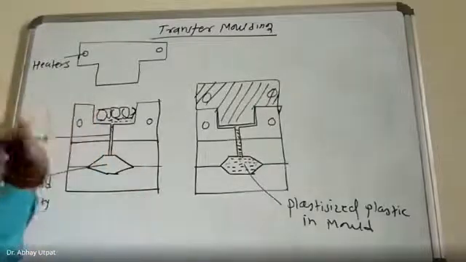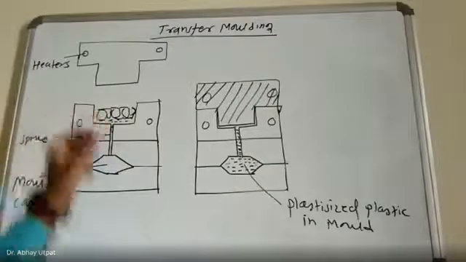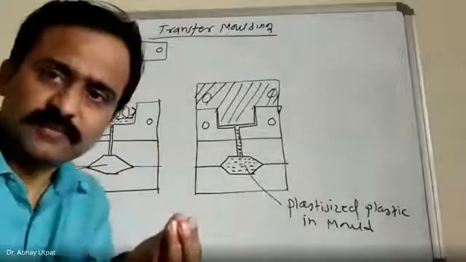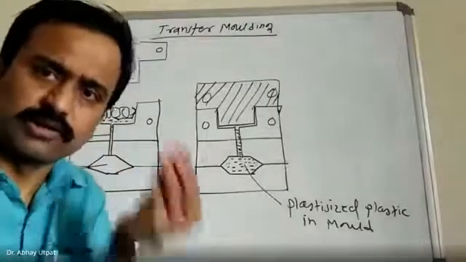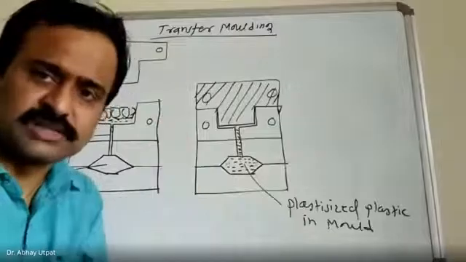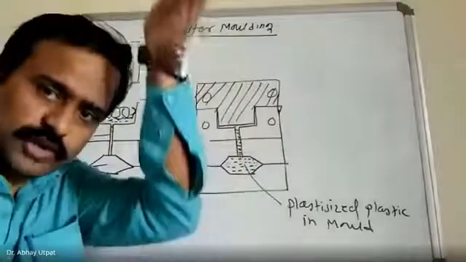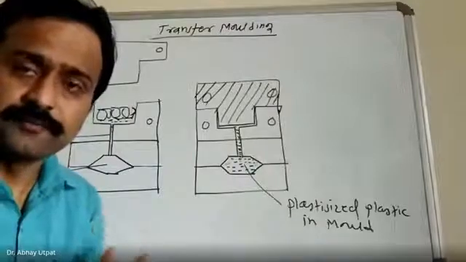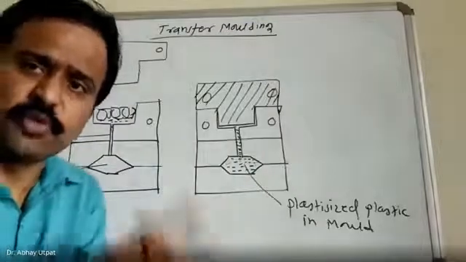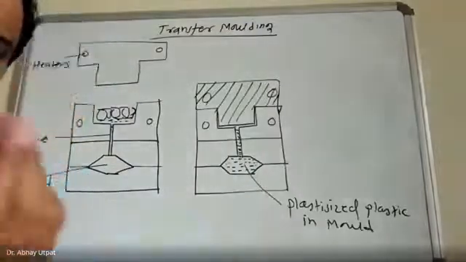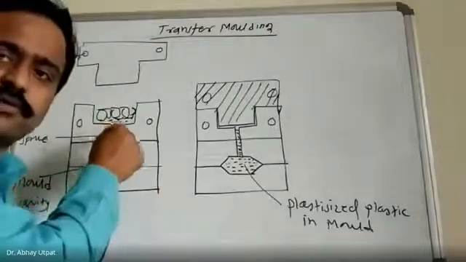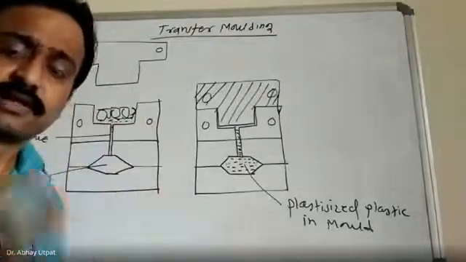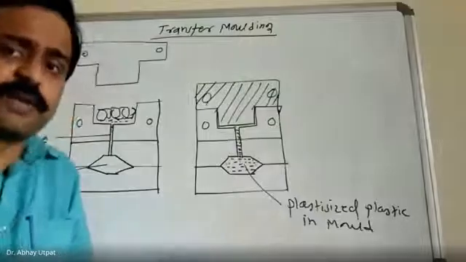Initially it is heated till all the material gets plasticized. Once all the material is plasticized, it is viscous. Try to understand, it is not like water. It is more viscous, and it will not go easily through that opening. Are you getting my point? Plasticized plastic is more viscous, so pressing is required from the upper side.